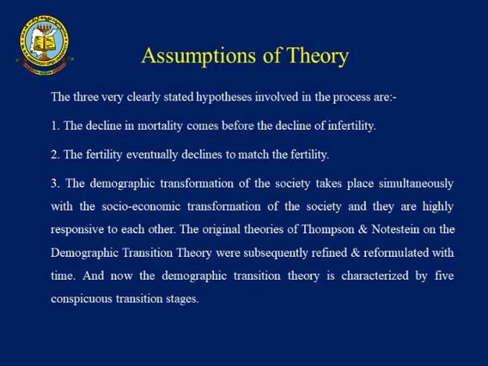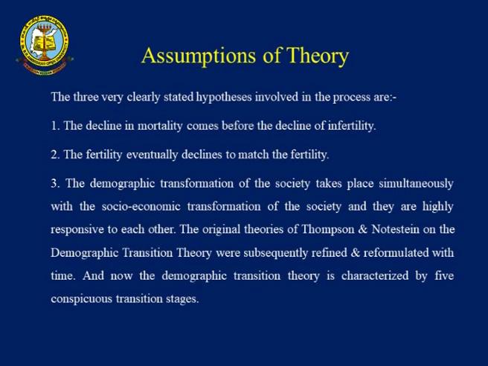These are: the decline in mortality comes before the decline in fertility. The second is that fertility eventually declines to match the mortality. And the third is that the demographic transformation of society takes place simultaneously with the socio-economic transformation of the society, which are highly responsive to each other.